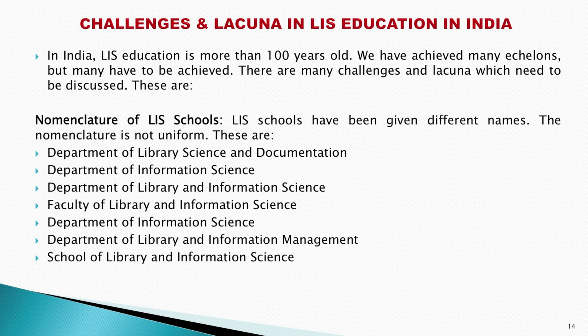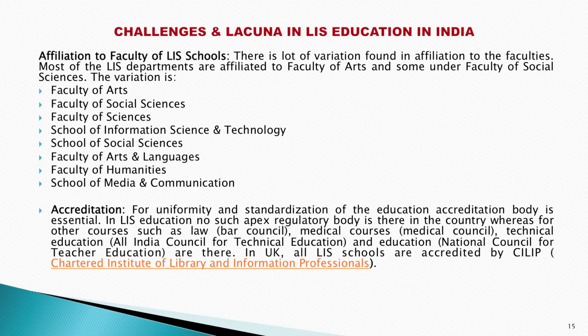Sometimes they are called Department of Library Science and Documentation, Department of Information Science, Department of Library and Information Science, Faculty of Library and Information Science, Department of Library and Information Management, School of Library and Information Science. Not only is the nomenclature not uniform, but the affiliation of LIS schools to faculties is also not uniform.